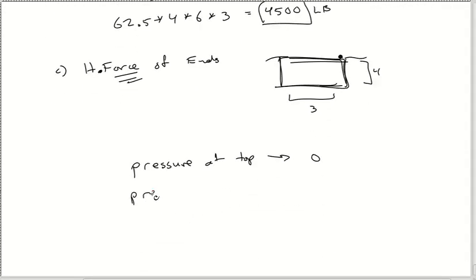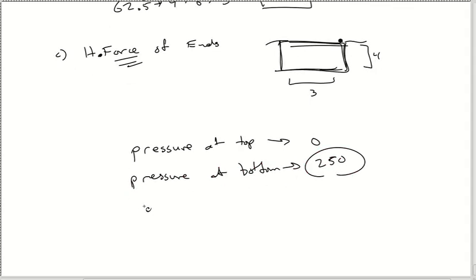Okay, so what is my pressure at the bottom? And what's interesting is we just found this. It was the 250, which we already obtained earlier, right? So we just did that problem, that part A. So then I'm going to ask, what's the pressure at halfway? In this case, we're talking about 2 feet.